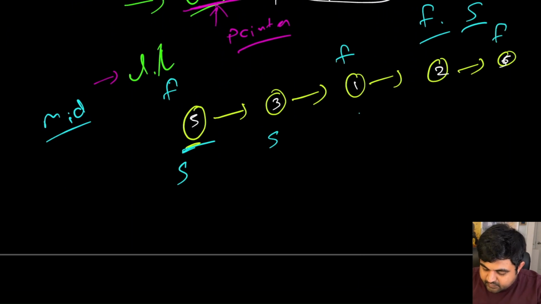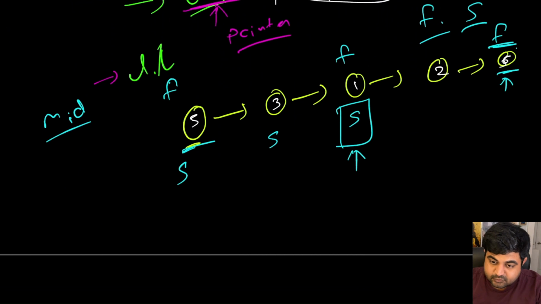The moment either the fast pointer is at the null location or fast.next is null, we have reached the last node for the fast pointer. And the moment the fast pointer reaches the last node, the position of the slow node is going to be the mid pointer. This is how we identify the mid pointer.